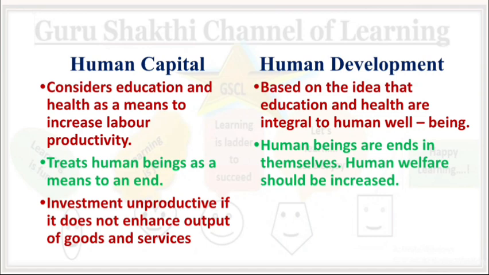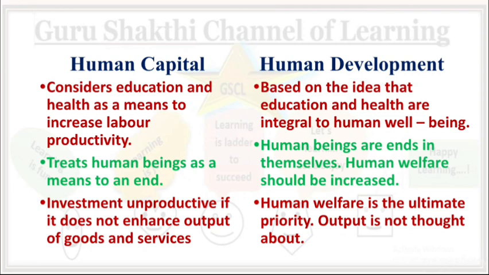Provisions are made, and those provisions are utilized for the purpose of human welfare. That's it. The goal has been reached. Under human development, whether the person has become productive or not is out of context and is never thought about.